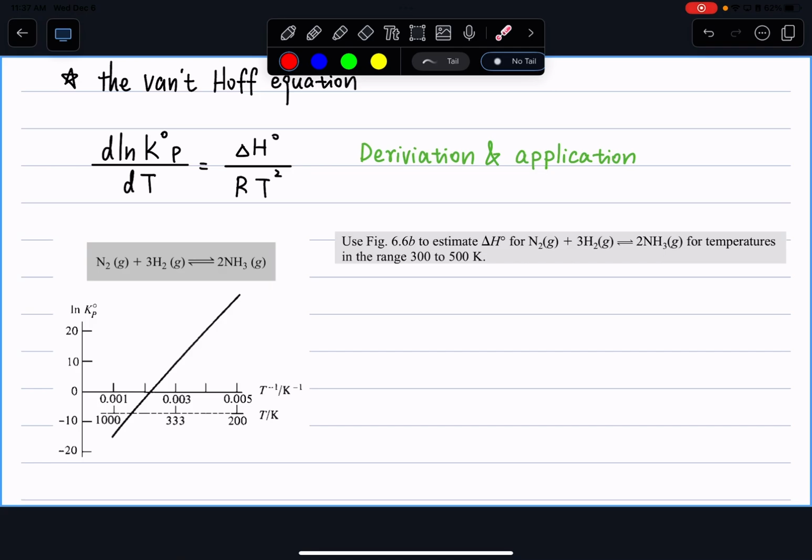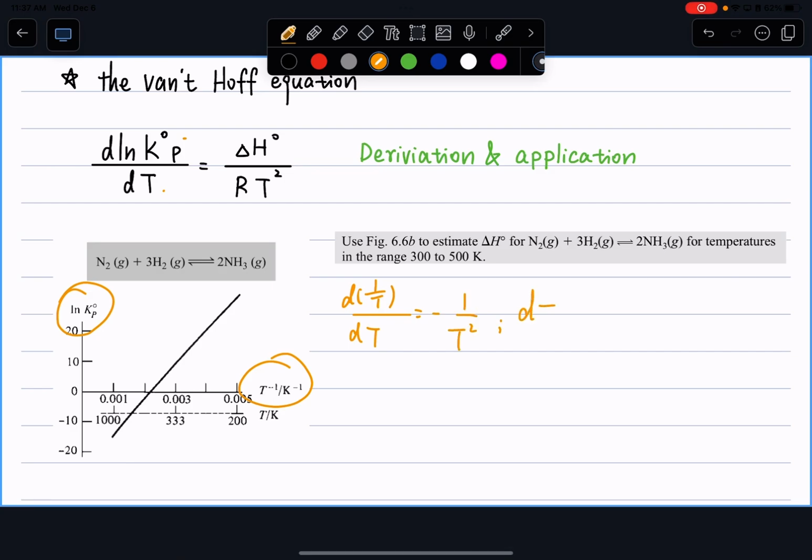All right, so know why we're doing that. Why are we plotting the logarithm of your equilibrium constant not over T directly, but over 1 over T? The reason is that the differential d(1/T)/dT equals negative 1 over T squared. So dT equals negative T squared times d(1/T).